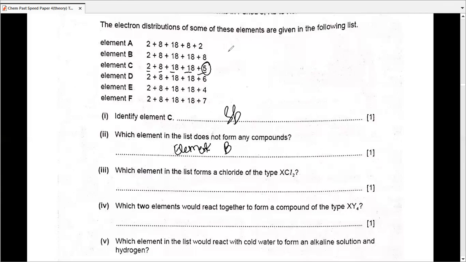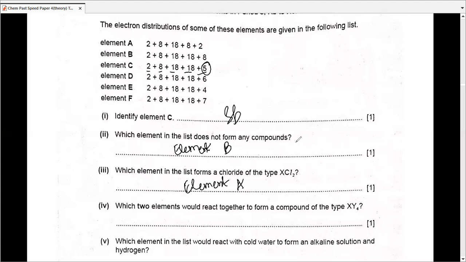Element A. Element A, good. That's the correct answer. It's element A, because that's present in group 2 and it's definitely going to form ACl2. Okay, so moving on.